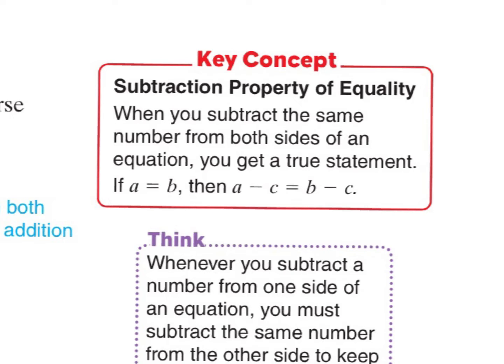If we use this in terms of numbers, we could say if 5 equals 5, if these are equal to each other, if we subtract the same number on both sides, 5 minus 2 would equal 5 minus 2. Now I know that looks different than what's in your book, because in your book A and B are different variables, but it's the same concept.